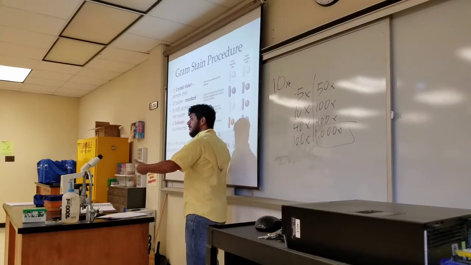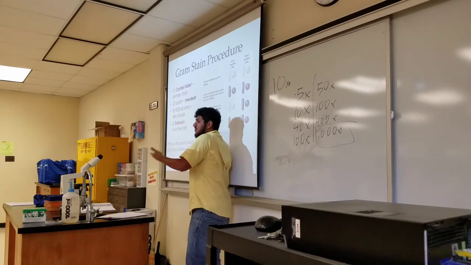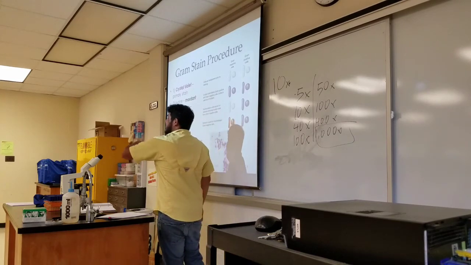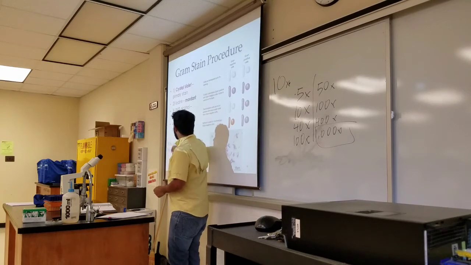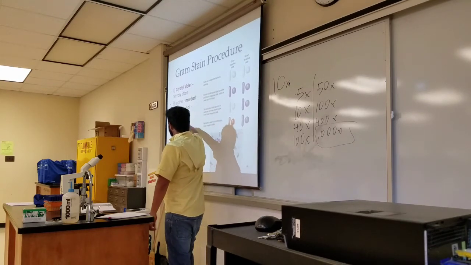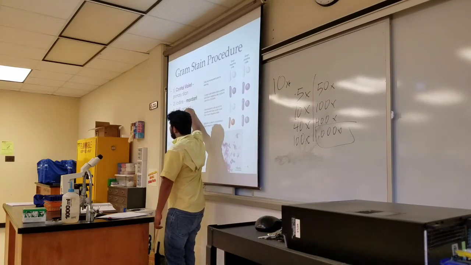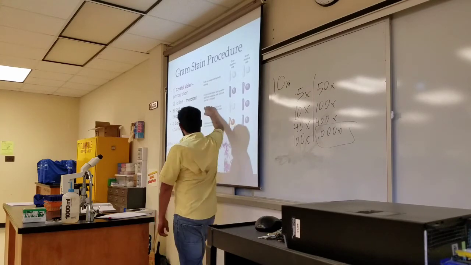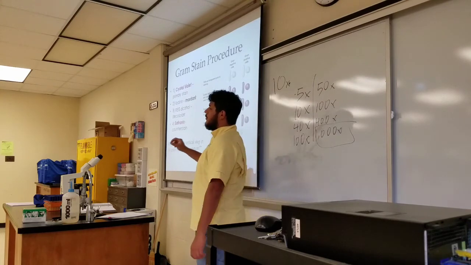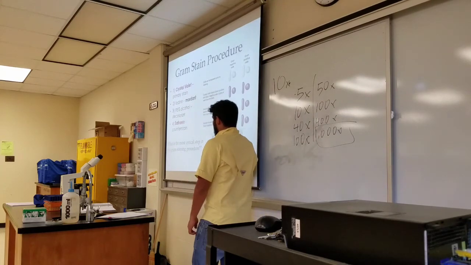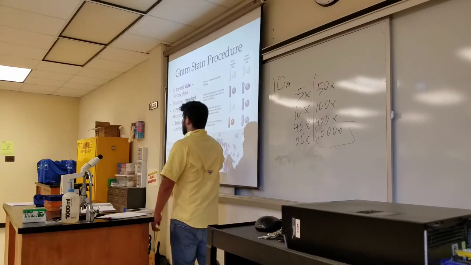Remember that I told you that gram-negative bacteria were more susceptible to alcohol-based detergents, or they even can't grow in alcohol-based agars, for example. We'll see that later on. So we use this step to decolorize and take the crystal violet out of the gram-negative bacteria, and then we do a final step that is called counter-staining.